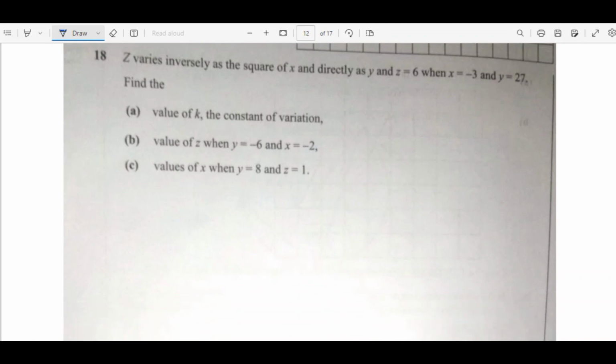Z varies inversely as the square of x. Whenever we have inversely, we need to make it a fraction. So it's 1 over. Square means the letter must be squared, so we raise it to the power 2. And directly as y, so the y will be on top.